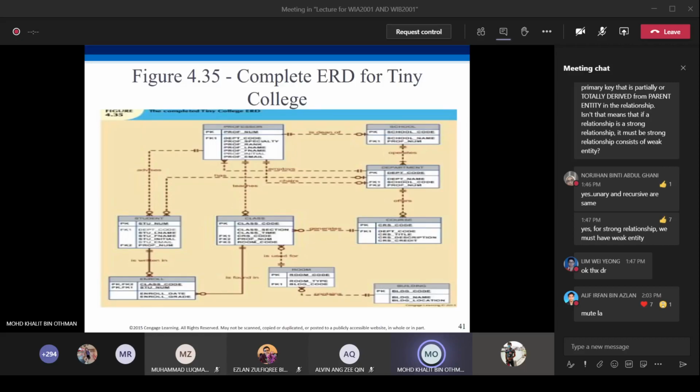After you develop the ERD for each business rule, also called each segment, you merge them together to be a complete ERD, and then try to match it with the narrative of the organizational operation. So this is overall how you can construct your ERD model.